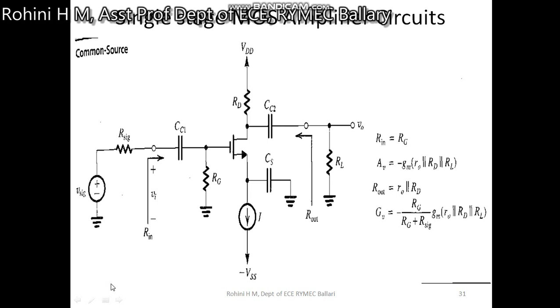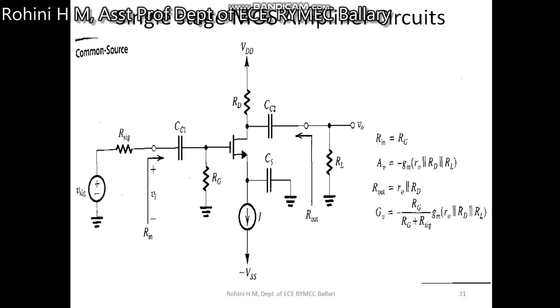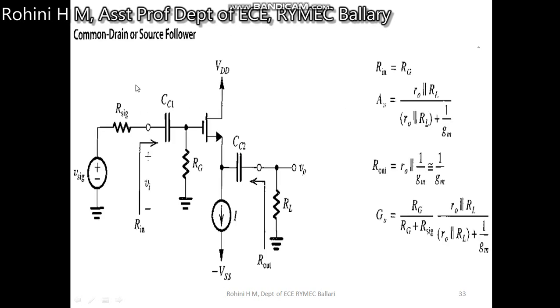So next is single stage. This is just a revision, all these slides. So, single stage MOS amplifier and its related expressions. First we learnt the single stage MOS amplifier without source resistance. Next, with source resistance, and just now we discussed the common drain or source follower type of amplifier.